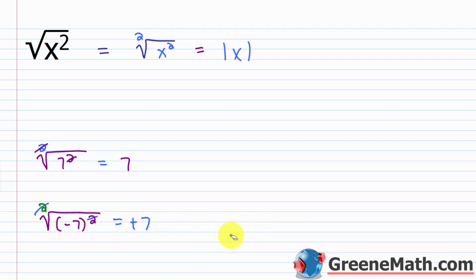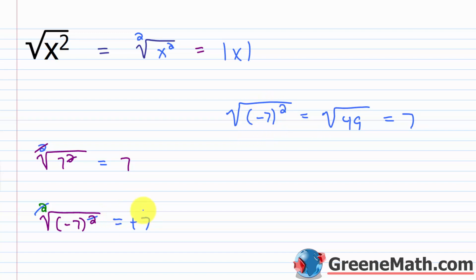Why? Negative 7 squared is positive 49. So if I had the square root of negative 7 squared, this becomes the square root of positive 49, which is 7. Not negative 7. So you're basically doing the squaring operation first before you take the square root. So it takes your negative into a positive, and then it's basically going to give you the absolute value of what was being squared. So that's how we have this rule.